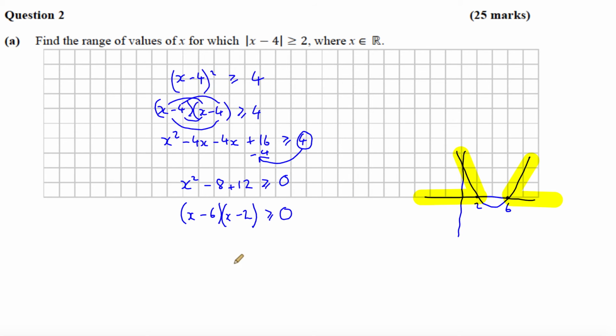So what we can say then is that x is less than or equal to 2, in union with x is greater than or equal to 6. So that's everything to the right of 6 and everything to the left of 2. And that's the range of values of x for all values of x being part of the set of real numbers.